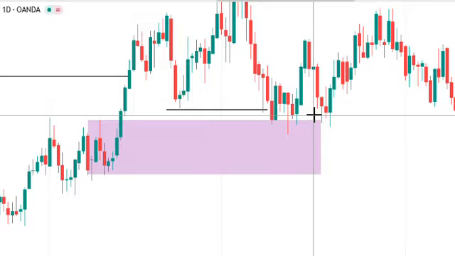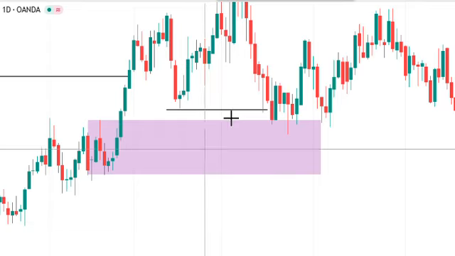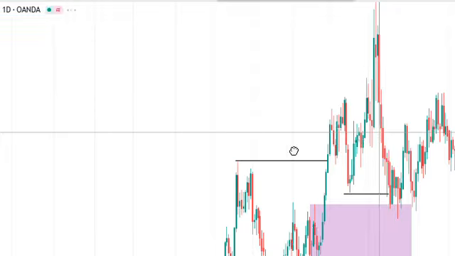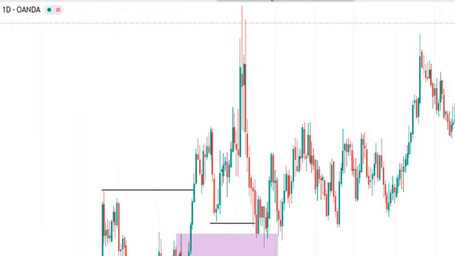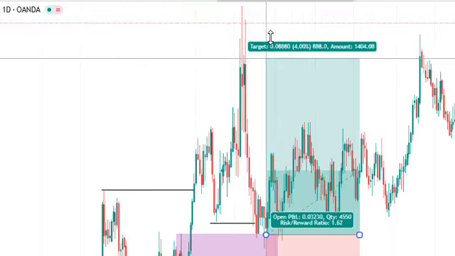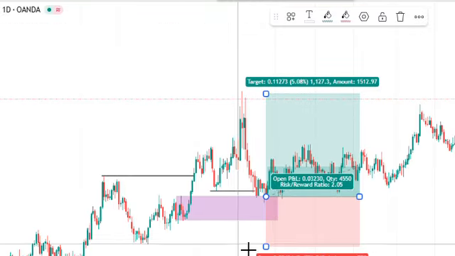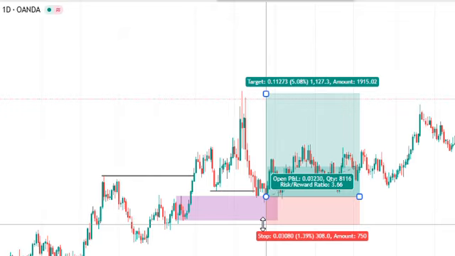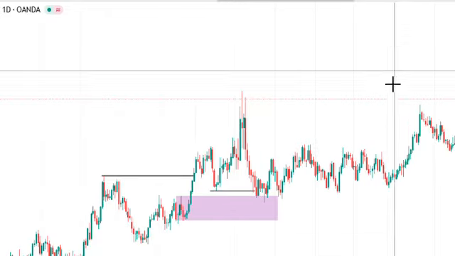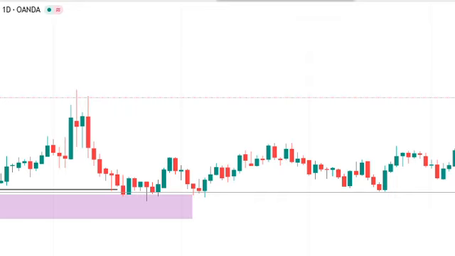The reason is that it hasn't mitigated this order block, and we are not going to say, okay, I have my order block already, once the market starts in here, I will just place my targets up here and my stop loss right here. No, that's not what we are doing. That's going to give us a small risk to reward ratio.